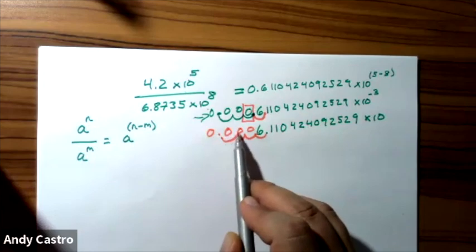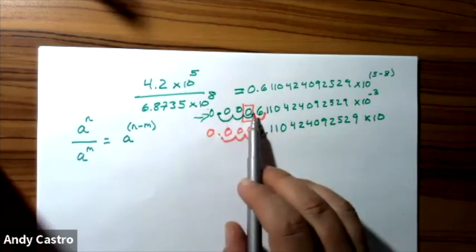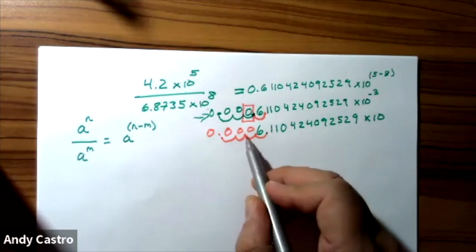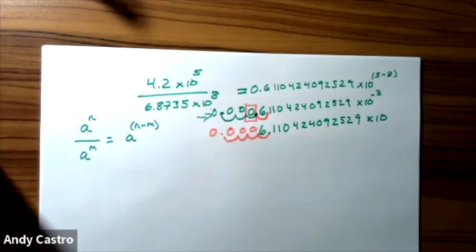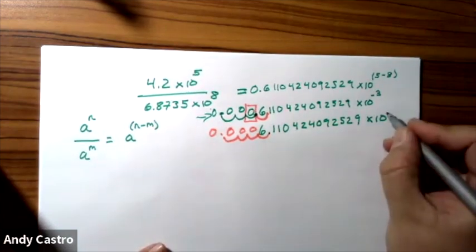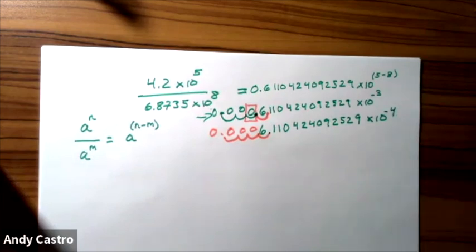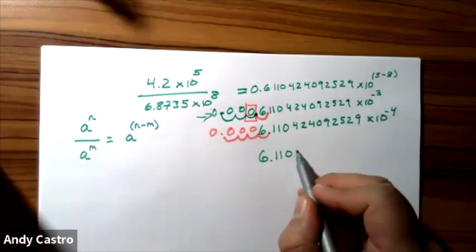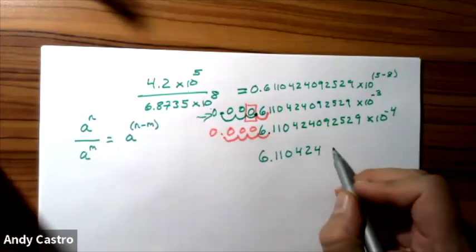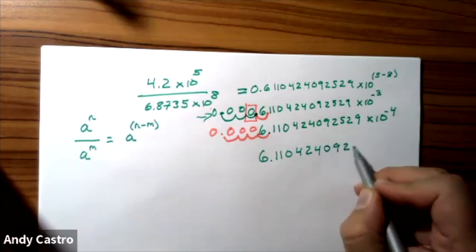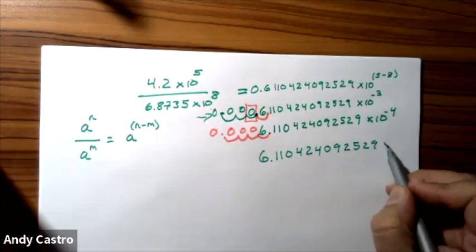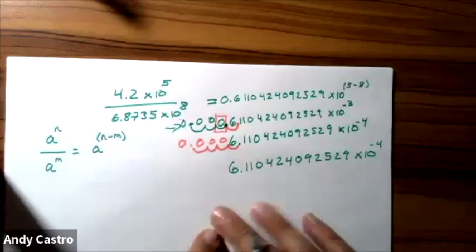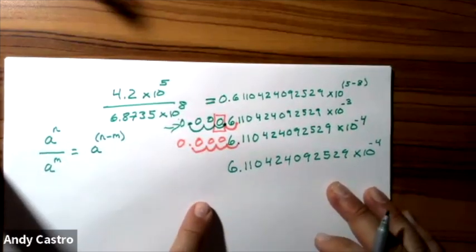So 0.000611, just like it is up here in the original. I actually have to move it 1, 2, 3, 4 to the left to do that. So this is 6.1104240922529 times 10 to the negative 4. All right, now it's in scientific notation.